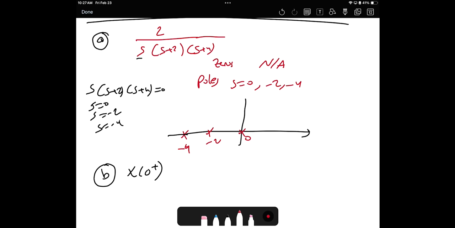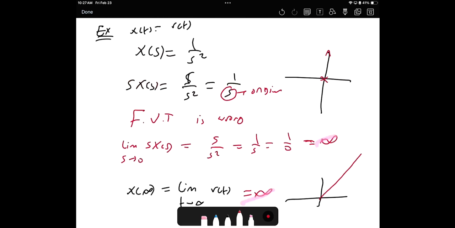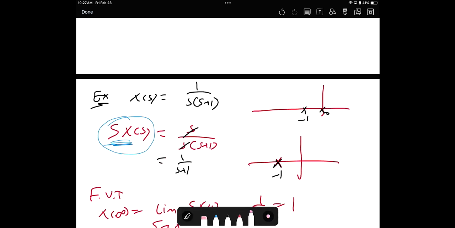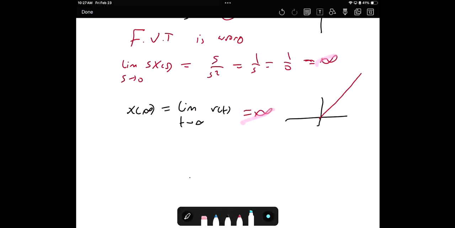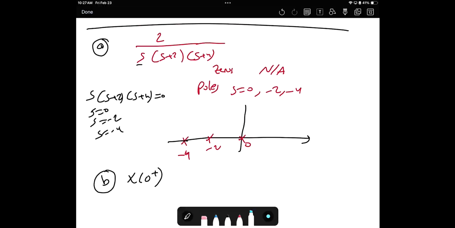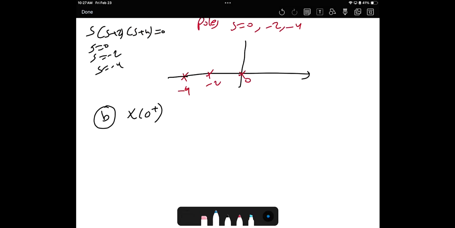But let's go back to the theorem and focus on that. Study s X of s, not X of s. Here, X of s has a pole at 0. Let's study s times X of s. s X of s equals 2s over s plus 2, s plus 4.